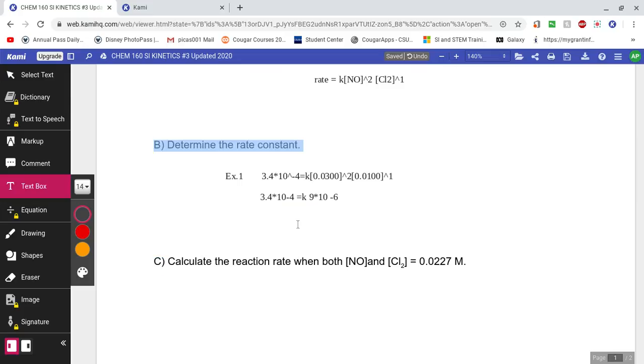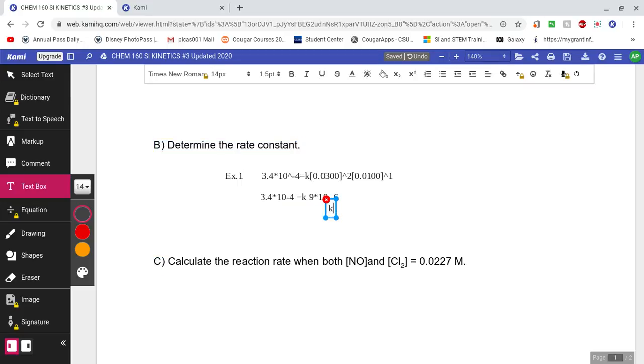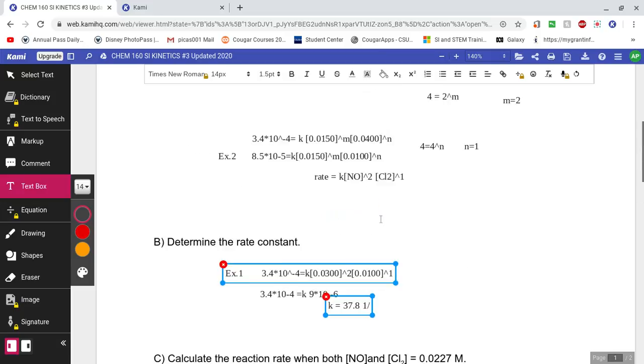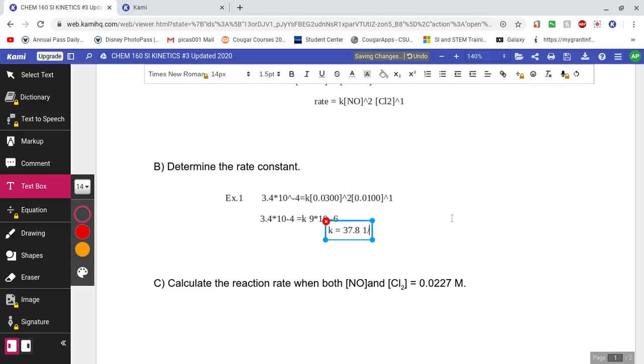And the rate constant we get is k is equal to 37.8, and then we want to put the units, of course, so we'll do 1 over, this ended up being third order, so the units would be M to the power negative 2 times s to the negative 1.